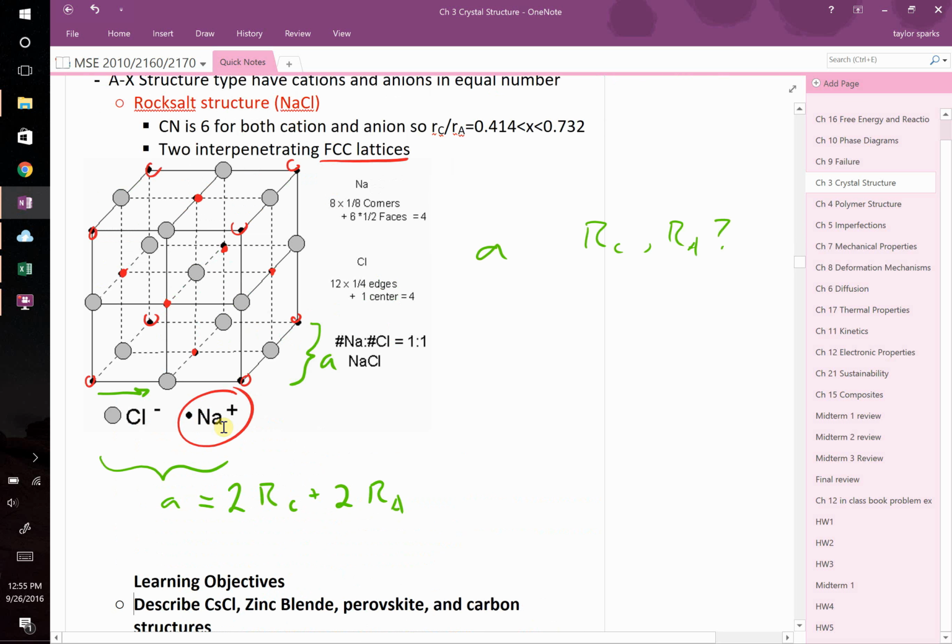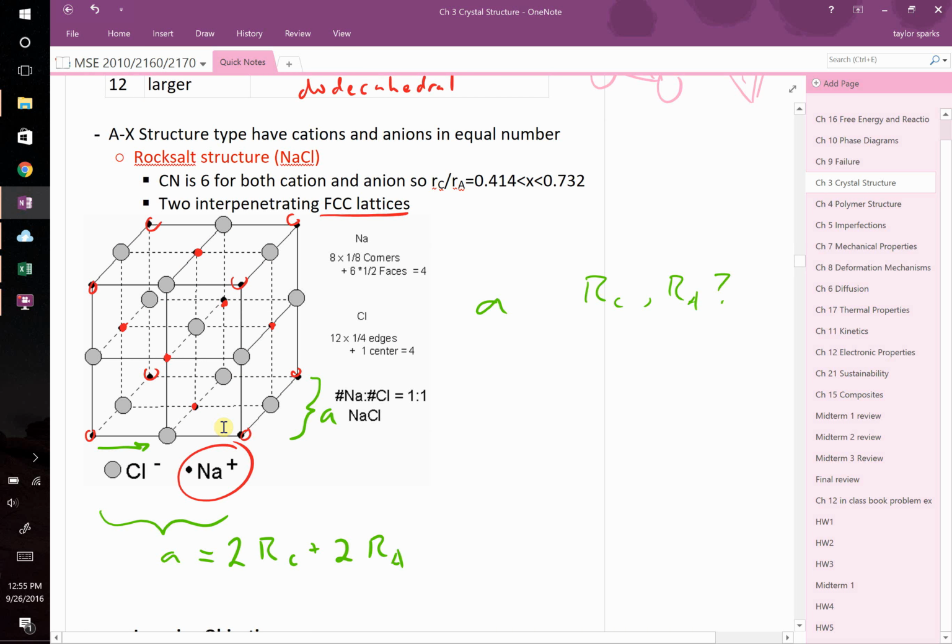The very first example we gave was rock salt, sometimes called the AX structure type or sodium chloride structure type. It looks a lot like two interpenetrating FCC lattices offset by half of a lattice parameter. One has the origin at the bottom left-hand corner, and one has the origin located half of a lattice parameter away in any of the principal directions.